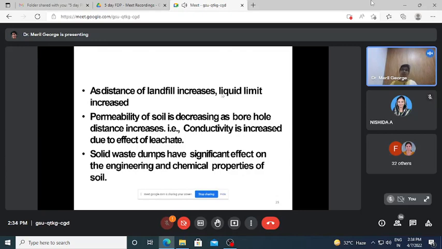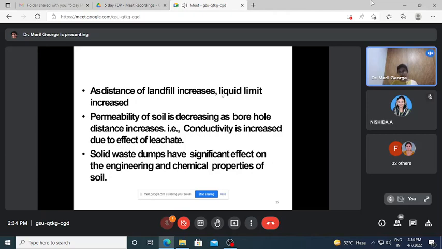That means conductivity is increased due to the effect of the leachate on the soil. So the solid waste dumps have a significant effect on the engineering and chemical properties of soil. This was the initial conclusion I made from the field study.